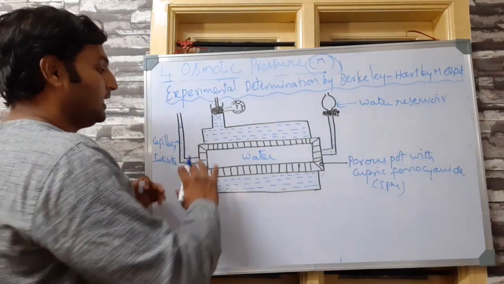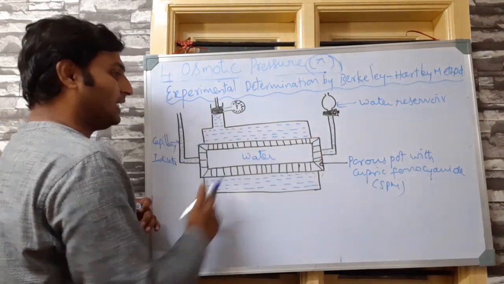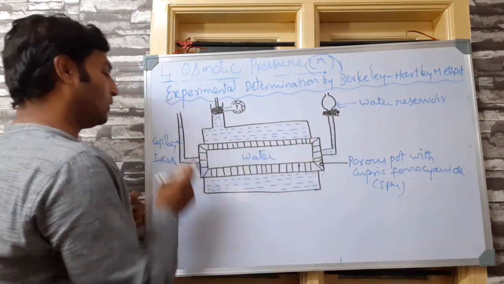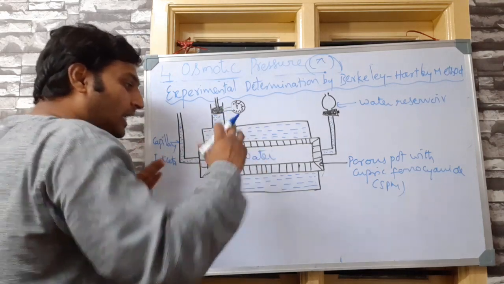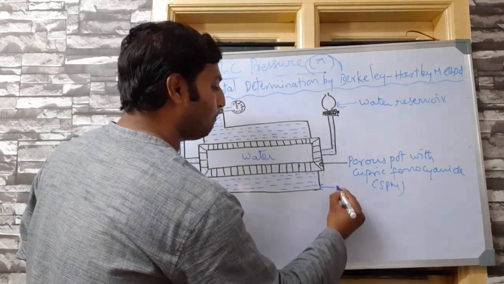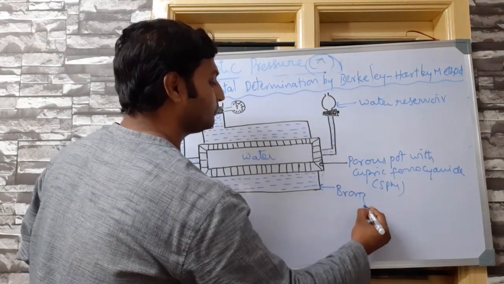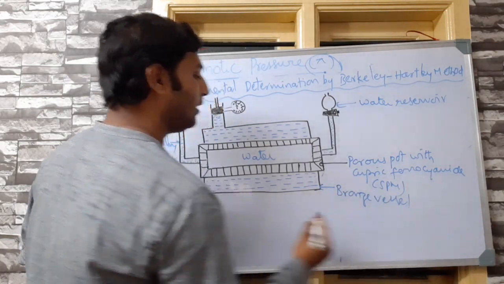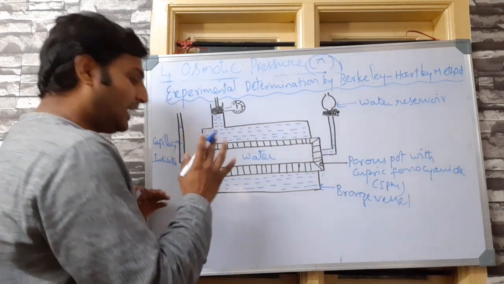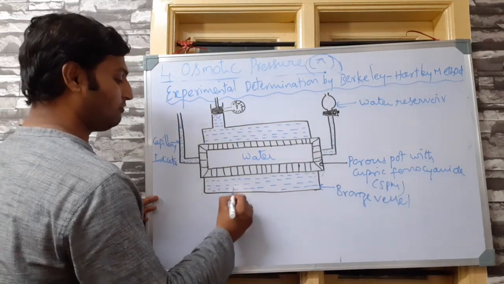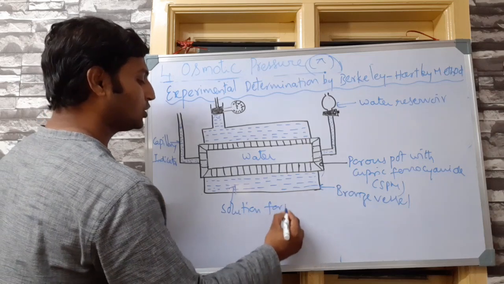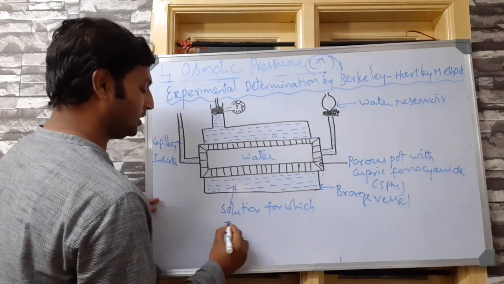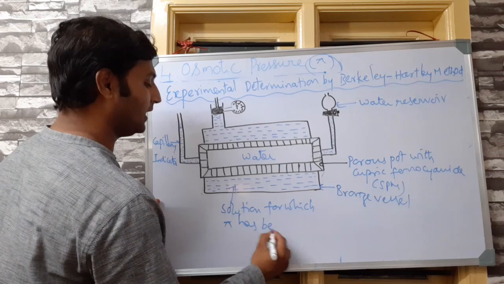Now, this whole porous part containing the water reservoir on one side and capillary indicator on the other side will be fitted inside a bronze vessel. Into this bronze vessel, we fill the solution for which osmotic pressure pi has to be determined.